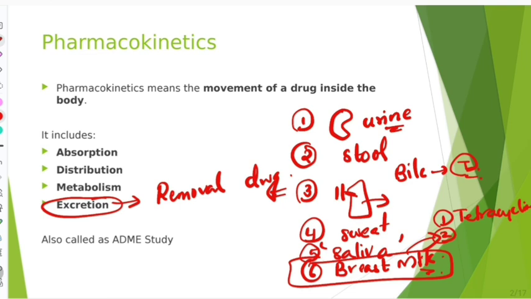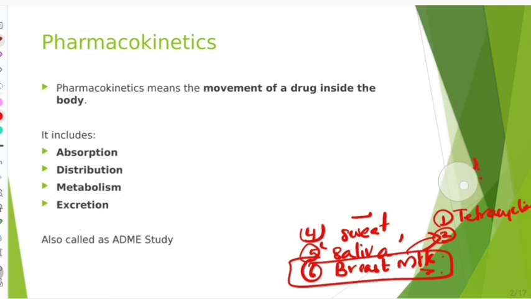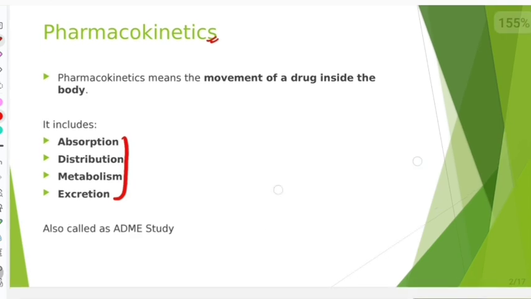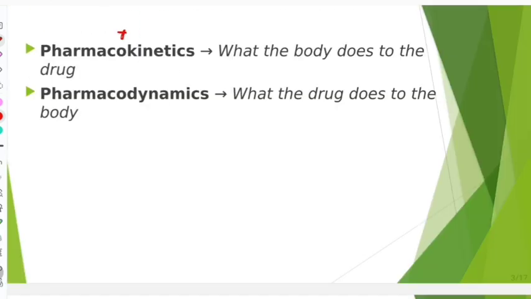So now I hope you got basic idea on pharmacokinetics. It includes what all? Absorption, distribution, metabolism and excretion of drug. Now, these two definitions are very, very important: pharmacokinetics and pharmacodynamics.